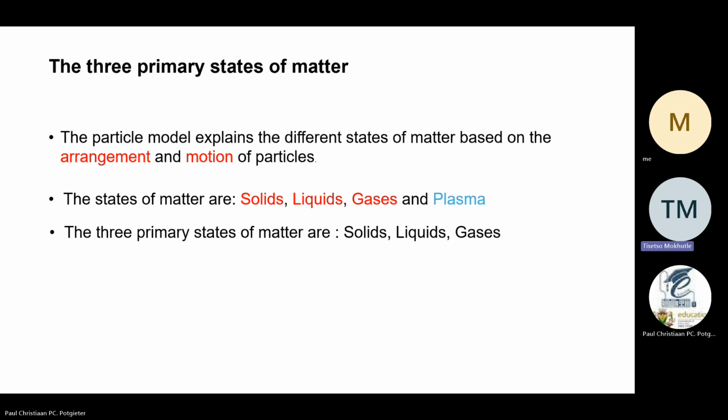The states of matter are as follows: solids, liquids, gases, and plasma. We are not going to discuss plasma because it's outside the scope of the grade 8 learners. The 3 primary states of matter that we are going to be discussing are solids, liquids, and gases.